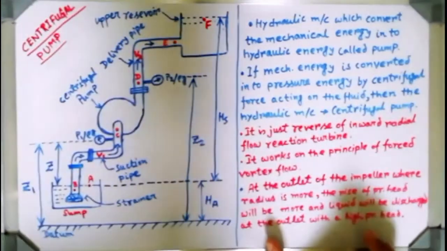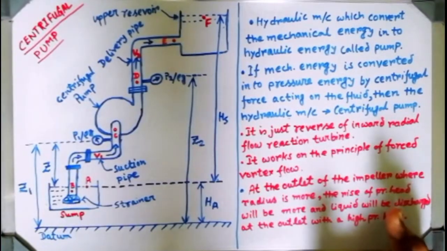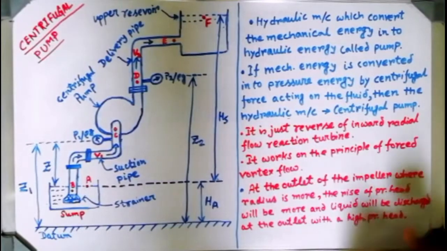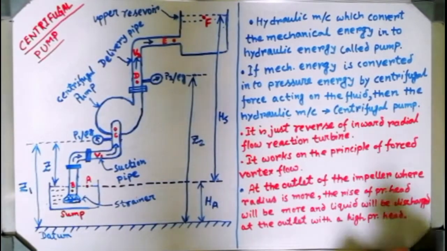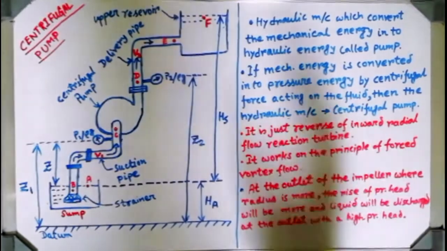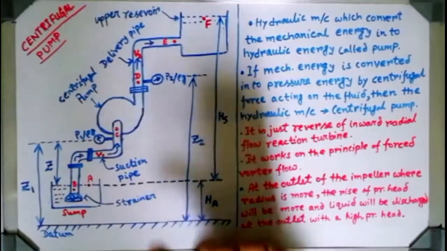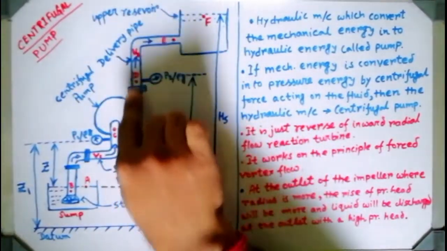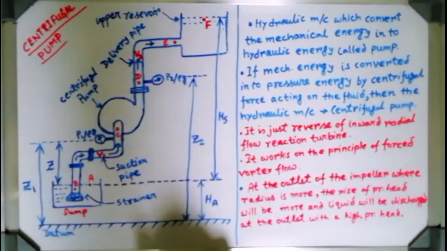And the last point I have written: at the outlet of the impeller, where the radius is more, the rise of pressure head will be more, and the liquid will be discharged at the outlet with a high pressure head. That is very true, because the casing is constructed in such a manner that from inside to outside, the delivery part, the cross section is gradually decreasing.